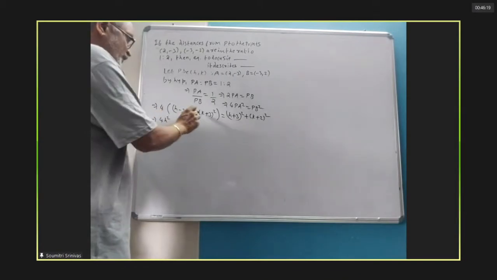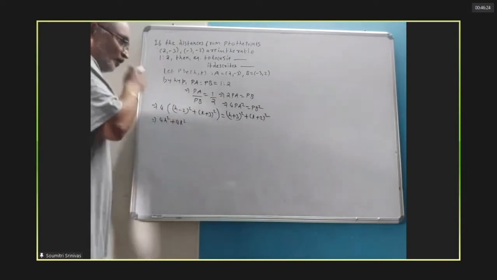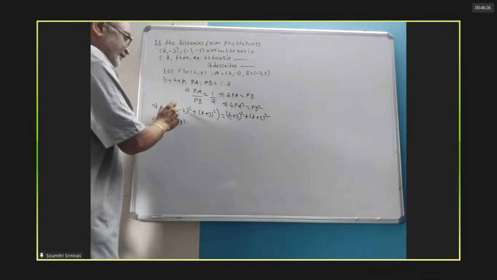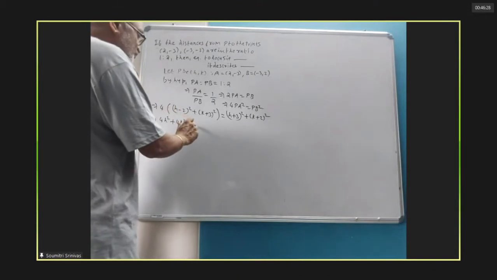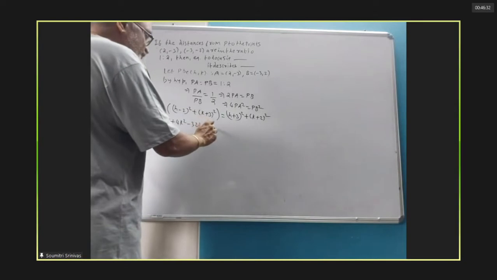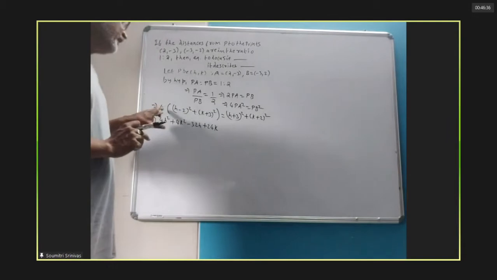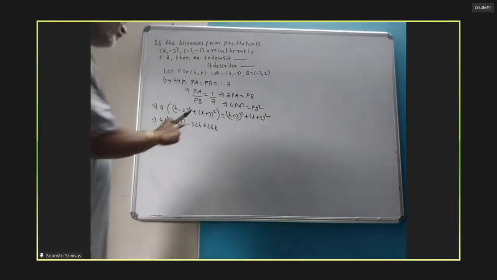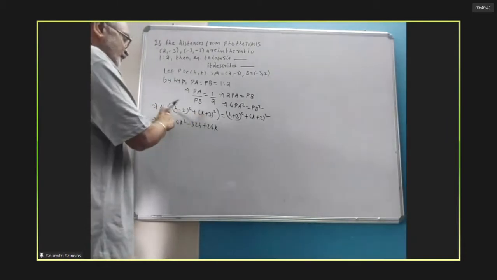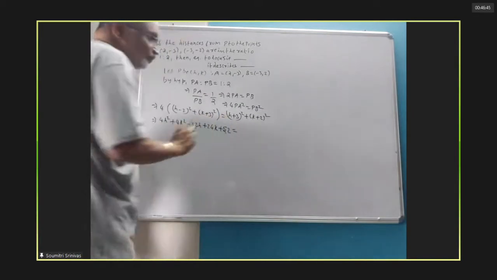4h square, 4k square. How many h? Minus 8h, 8 fours, 6 fours. What's the constant one? 9 plus 4, 13. 13 fours, 52.